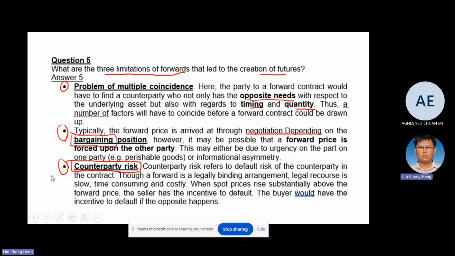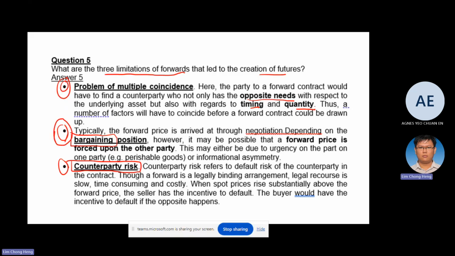How does the future contract solve these three problems? For the multiple coincidence problem, they use a standardized contract. All standardized: quantity, quality, timing, settlement method, all standardized. How does the future contract solve the bargaining position?